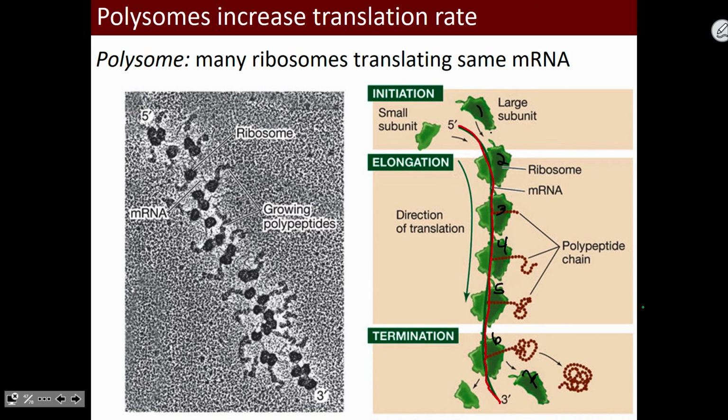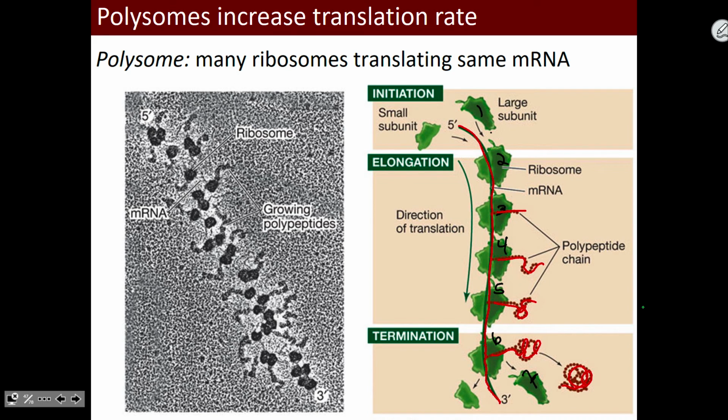As soon as there is enough room at the 5' end, the next ribosome comes in and clamps on and begins scrolling along that message, making a new polypeptide. You can see the polypeptide in red here, growing away from the ribosomes that are pictured and then released.